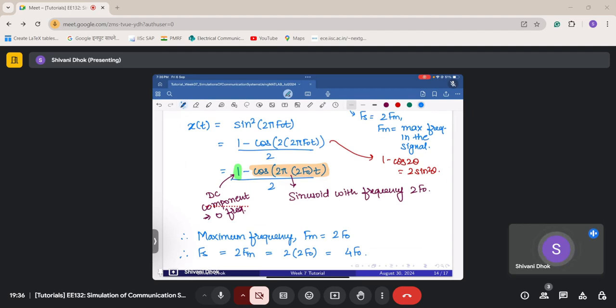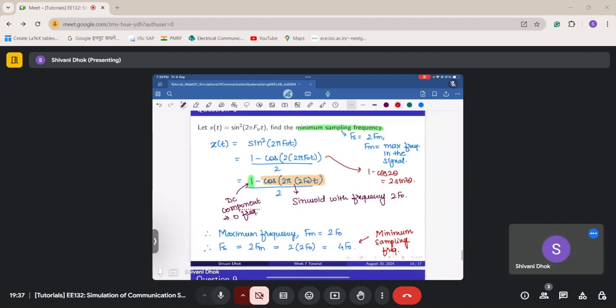So this is the minimum sampling frequency that we have obtained. Any questions? This is a simple thing. We have already seen it in the signals and systems course, but still.